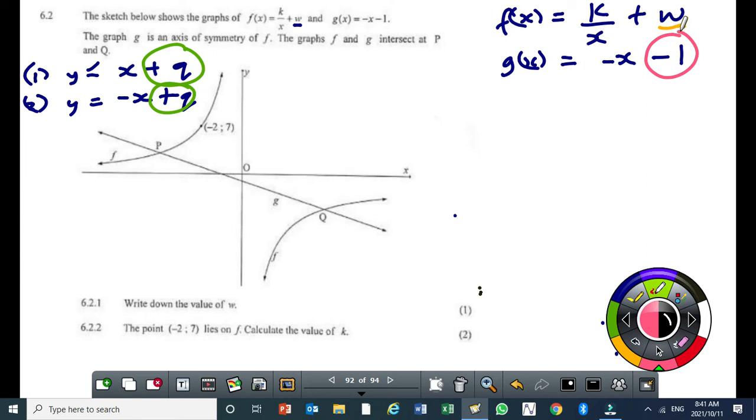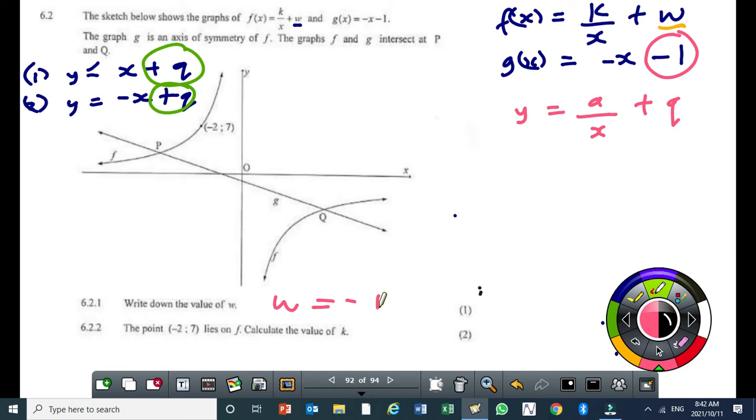I think some of you are forgetting y equal to a over x plus q. This is how I taught you. But for this question, the a is equal to k, the w is equal to q. Are you following that? Therefore, that w is going to be equal to negative 1.